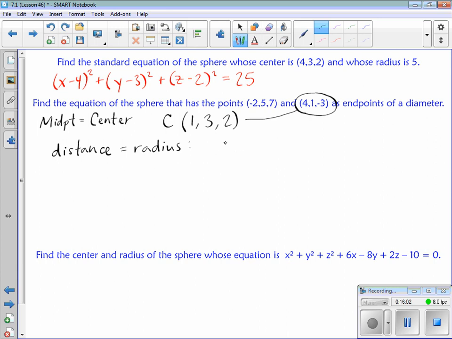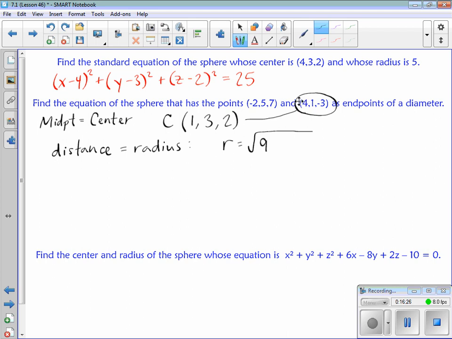So the distance formula, how much do my x's change by? I'm going to write r equals instead of d equals. That way it's not confusing on what this is giving us. So my x's change by 3. When I square it, I get 9.